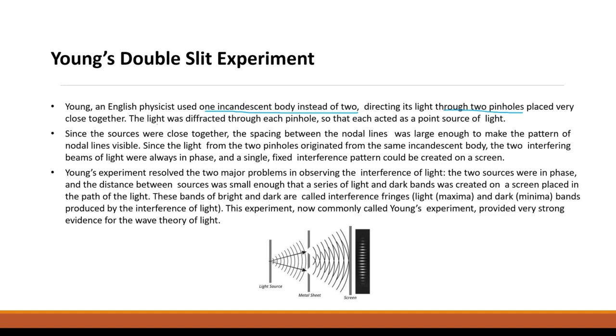It was diffracted through each pinhole so that each one acted as a point source of light. And so he was able to get two sources of light coming from the same light source. If it's coming from the same one, he didn't have two out of phase random light sources.